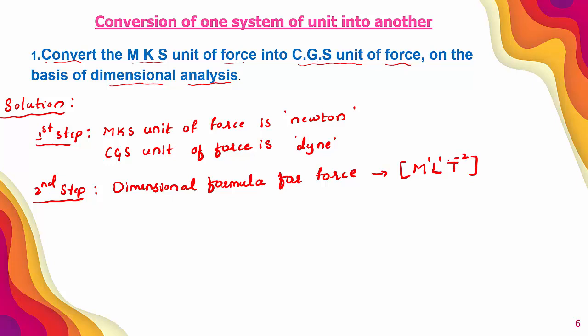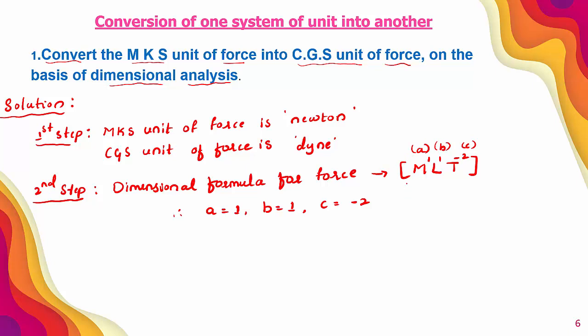This is the dimensional formula for force. Now tell me what are the values of A, B and C. Now we can easily write A equal to 1, B equal to 1, C equal to minus 2, because these are the powers A, B, C.